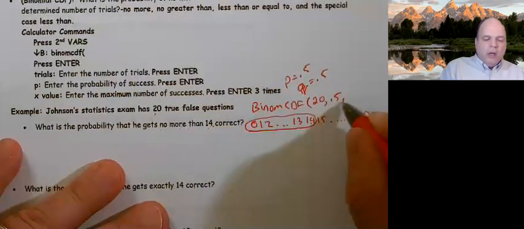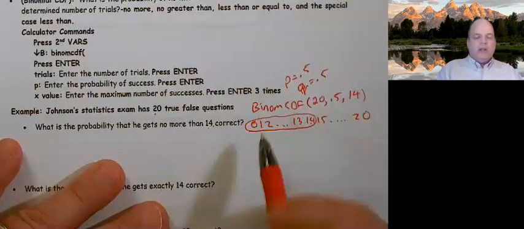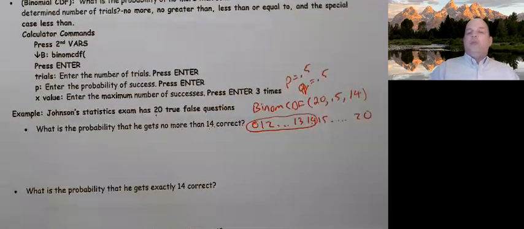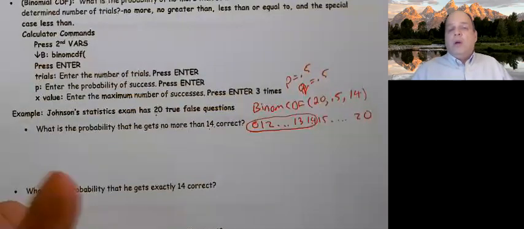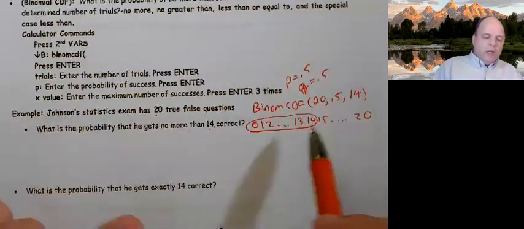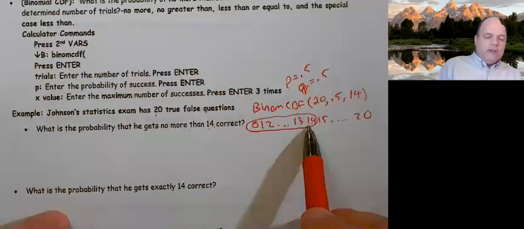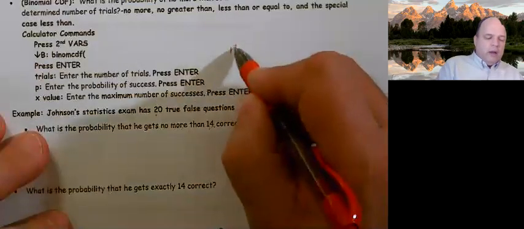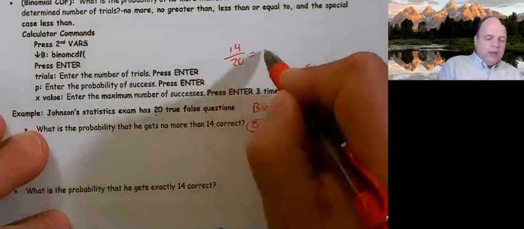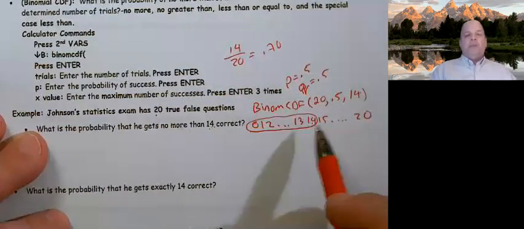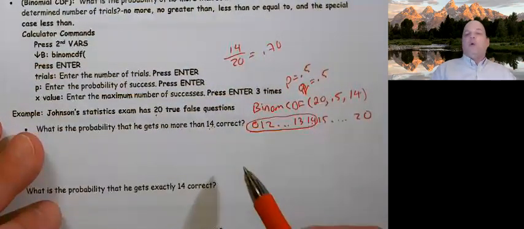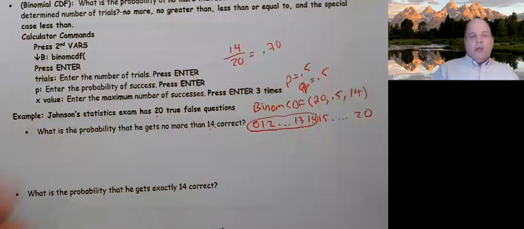Because I'm going from left to right, I can just use a CDF, and this will be a fairly easy problem. Now, I want to point out one thing to you. If he's guessing 14 right, 14 out of 20 is a 70. So we're figuring out the probability he makes a 70 or lower. That's what we're essentially figuring out real quickly.